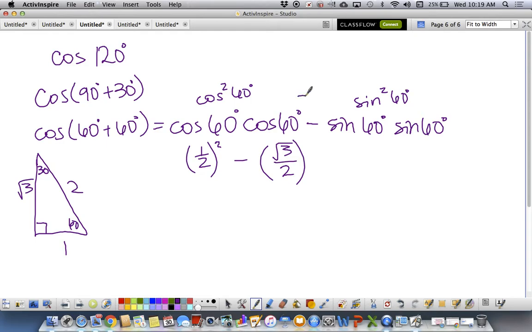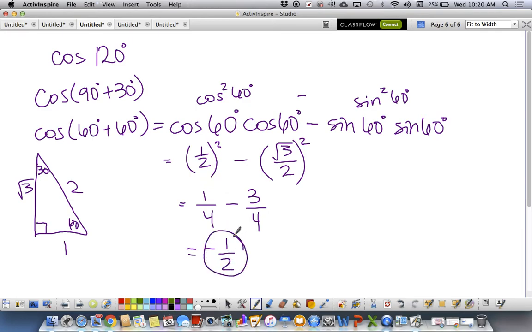So what's a half squared? 1/4. What's the square root of 3 over 2 squared? 3/4. What's 1/4 minus 3/4? Negative 1/2. We actually got a number with that one.